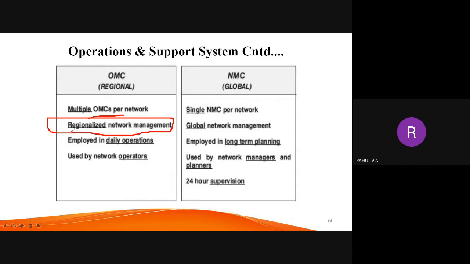That is possible because of the OMC. And the NMC is the global network manager. All their network is managed from a single place, that is the NMC. OMCs are employed in daily operations, but NMCs are for long-term planning, used by network managers and planners.